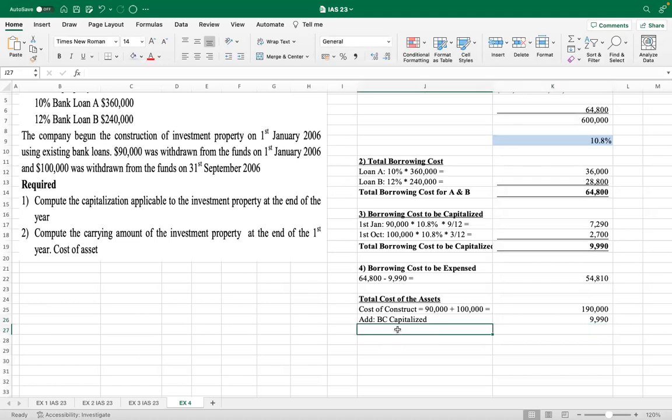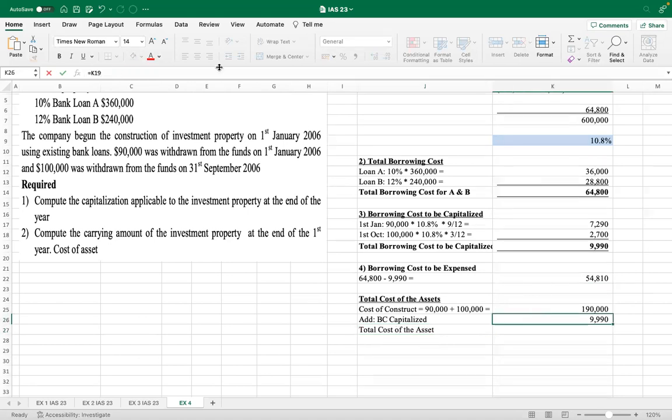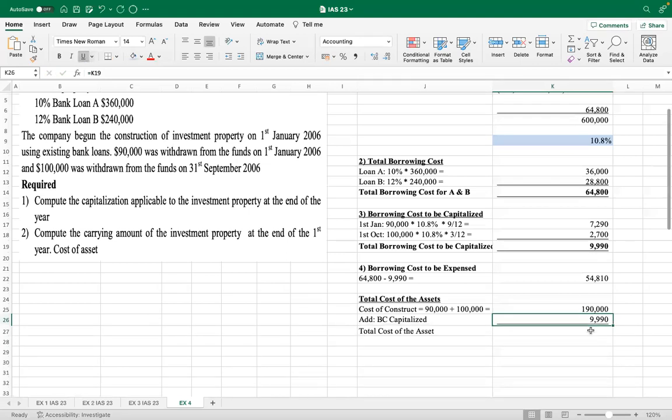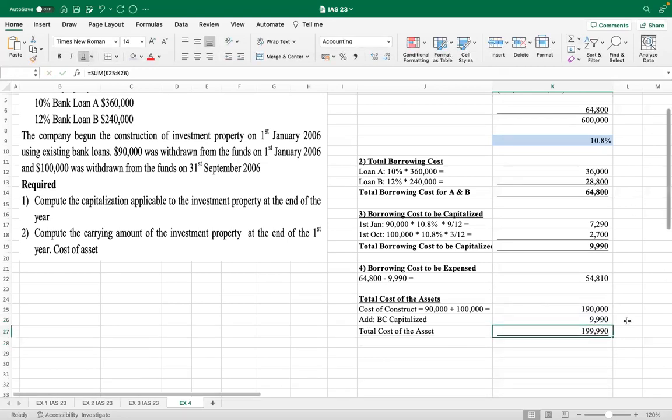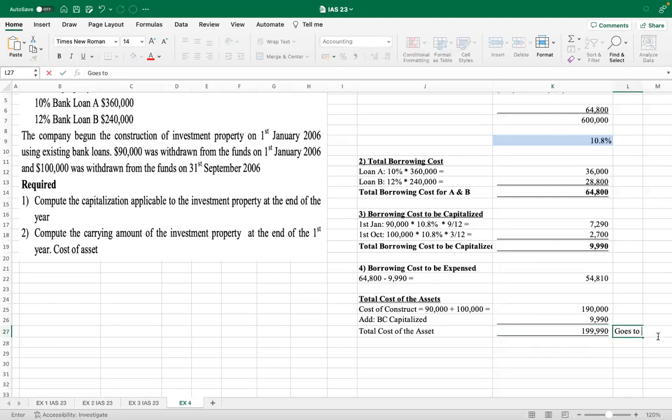So this is the total cost of the asset. Now, in summary, what are we trying to say? Let me add this. Now, this is what goes to the balance sheet. It goes to the statement of financial position as a non-current asset.